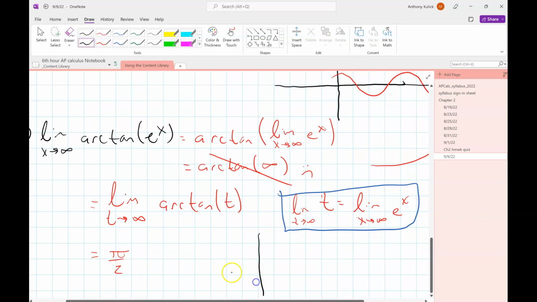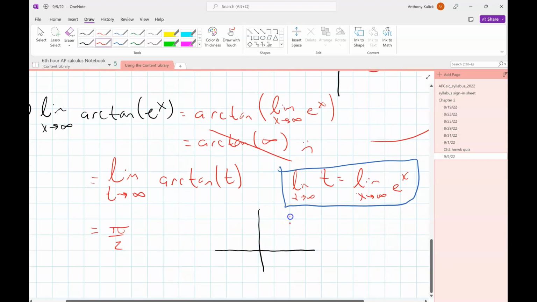And the other way you could have thought about this, without having to use your calculator and just using prior knowledge: if I think about the graph of tangent, I know tangent has an asymptote at pi over 2 and is going towards positive infinity there. So the tan inverse at infinity should be pi over 2, right? The input of tangent would be the output of tan inverse, and the output from tangent would be the input for tan inverse.